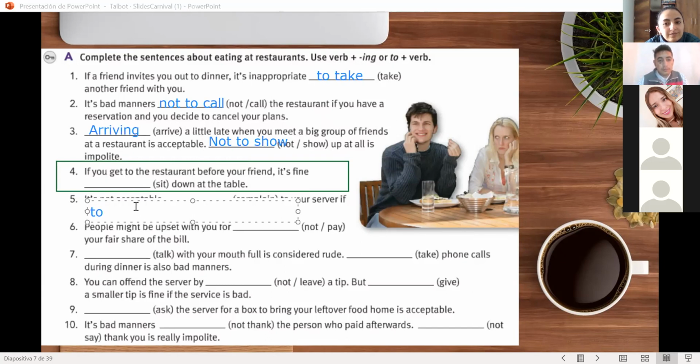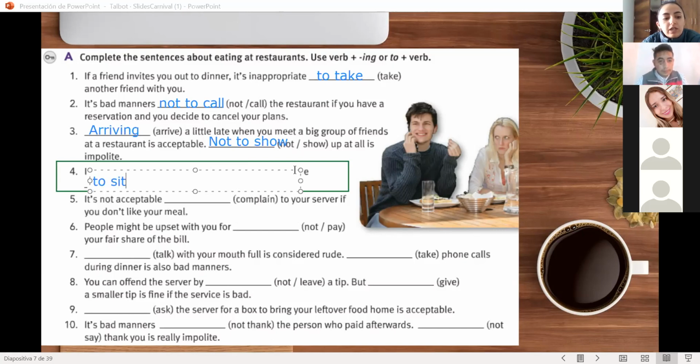Revisa en el libro, tienes las reglas. ¿Qué sería, sitting o sit? Sit. Solo sit, ¿no? Después del to iría el verbo en su forma original, o sea, to sit down. Está bien sentarse, ¿no? It's fine to sit down at the table.